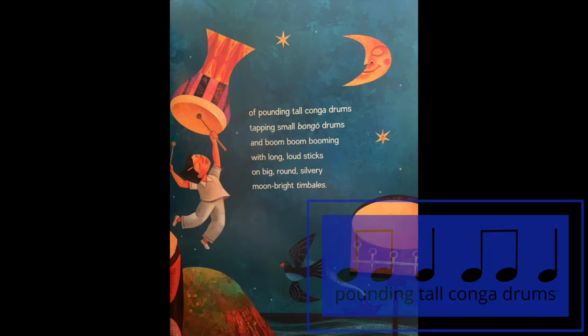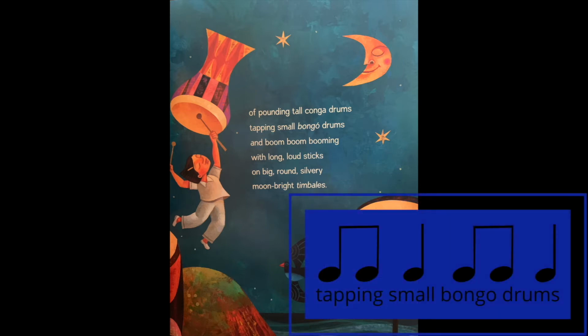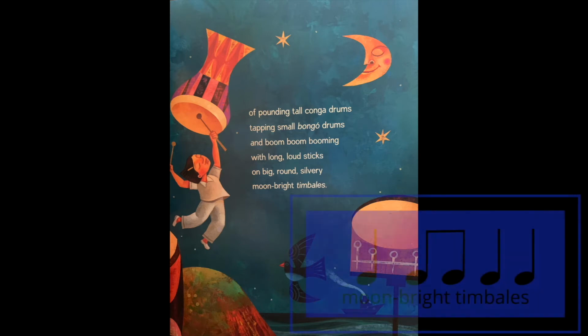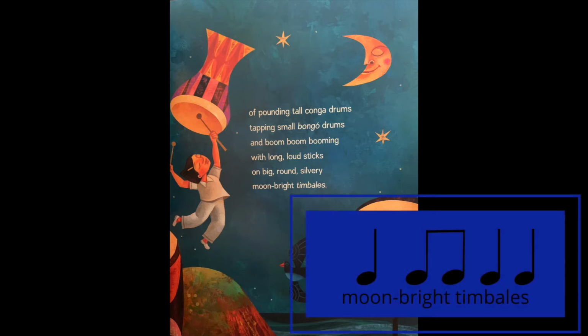Let's try tapping small bongo drums. Ready, go. Tapping small bongo drums. Again, ready, go. Good. Our next one says boom, boom, booming, long, loud sticks. Ready, go. Nice job. And then we have moon-bright timbales. Ready, go. Nice drumming.